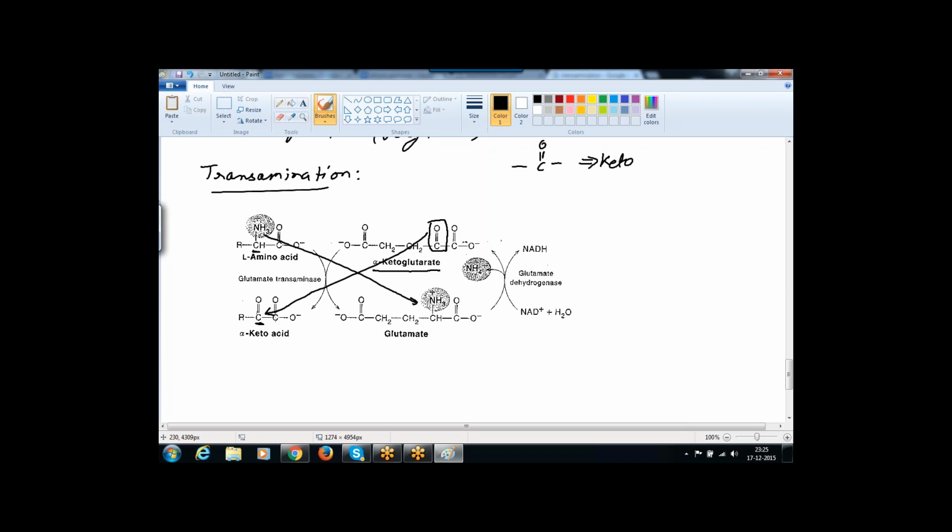So they have exchanged their groups. The amino group has got transferred from amino acid to alpha ketoglutarate. That is why it is called transamination. Do you see what has happened up till now? Is that clear?